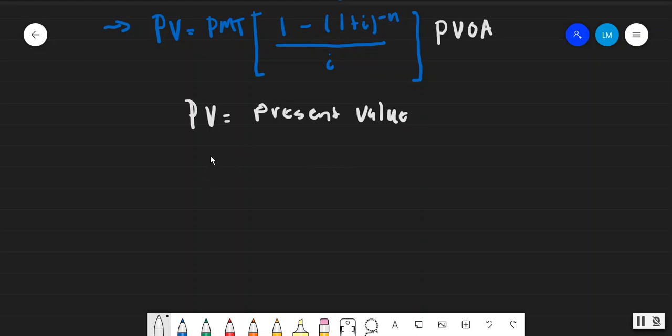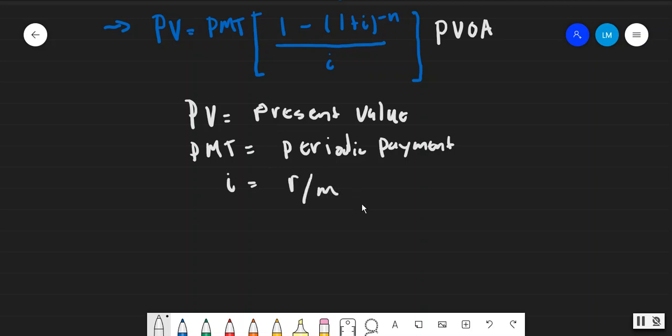The payment is the periodic payment. i is the interest rate per period, so it's r divided by m, where m is the number of periods per year and r is the annual interest rate. And n is the total number of periodic payments, so it'll be m times t, where t is in years.